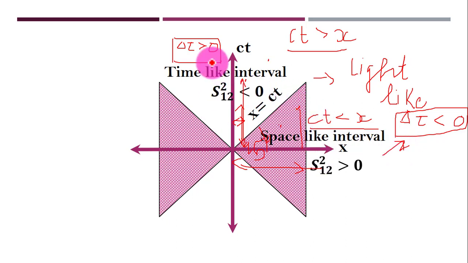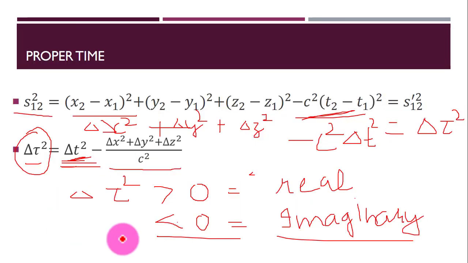So all the real events will occur in this particular region. In this region, all the events will occur, so you can define the trajectory of any particle here. For these events, where the ct term is greater than x, s12 square will come out to be less than 0, as we have defined s12 square as this term.